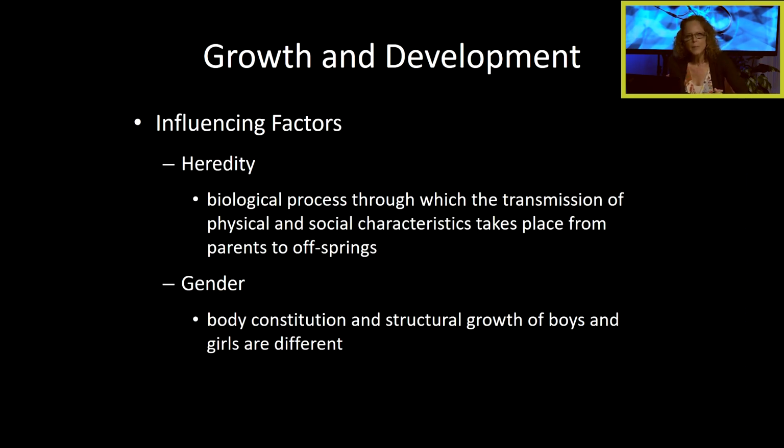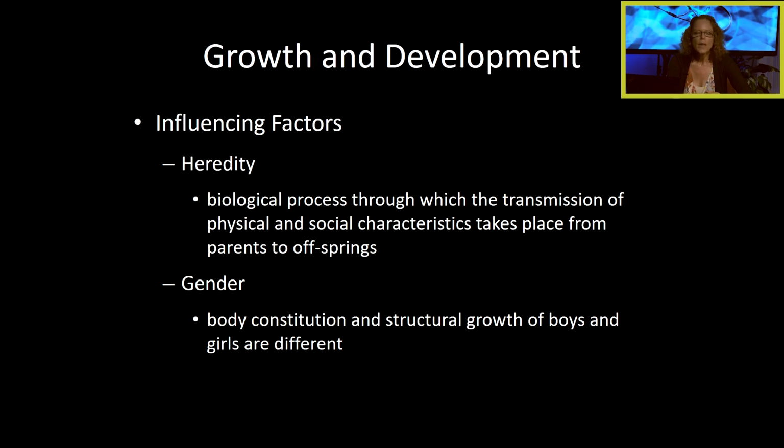So what are some of the influencing factors on growth and development? So we know that heredity has some impact, and what this has to do with is a biological process through which the transmission of physical and even social characteristics takes place from parents to offspring.